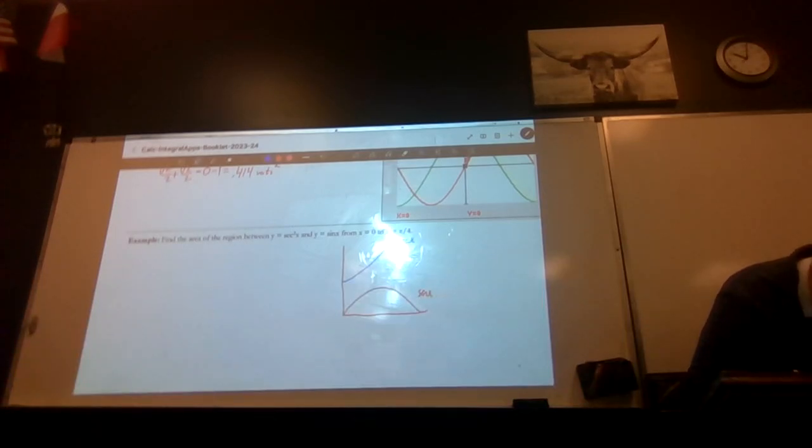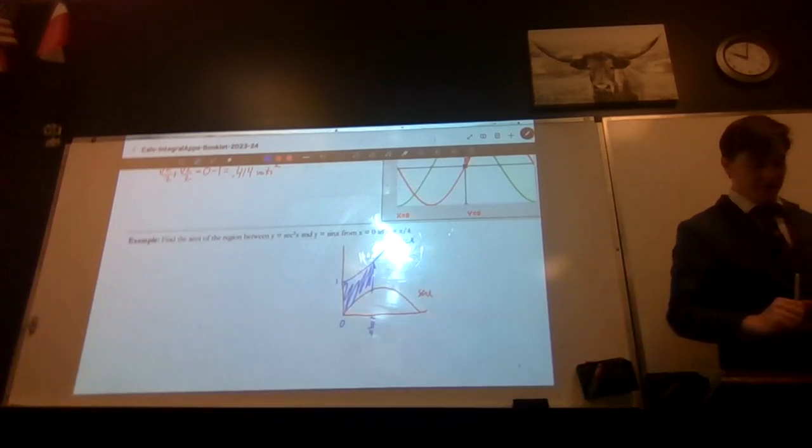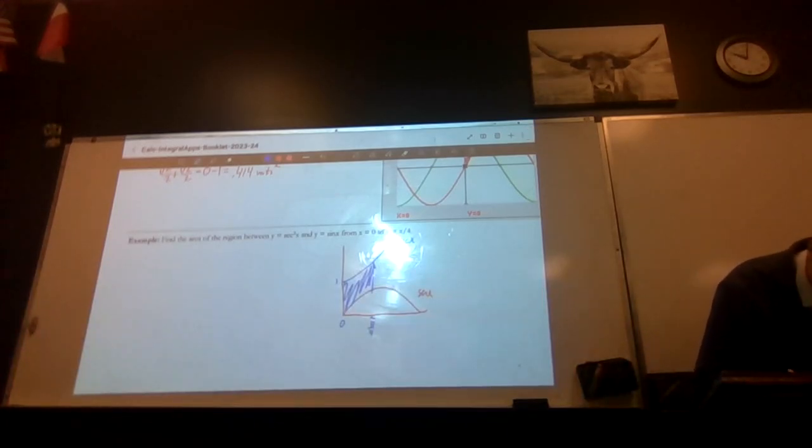We're trying to find the area from approximately here to here, or 0 to pi over 4, with this being 1, but that doesn't really matter. So, there is your equation. This is the top, and this is the bottom.